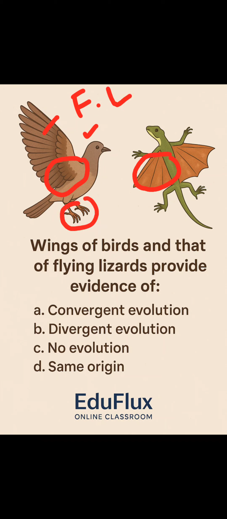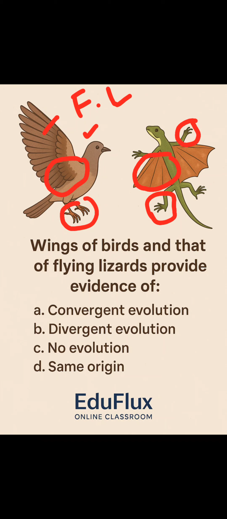These are the hind limbs, must keep it in your mind. That one is the hind limb in both cases, and this one is the forelimb. You can see in case of the lizard, forelimb is clear and wings are also clear. So in case of the birds, the wings originated from the forelimbs, modification of the forelimbs.